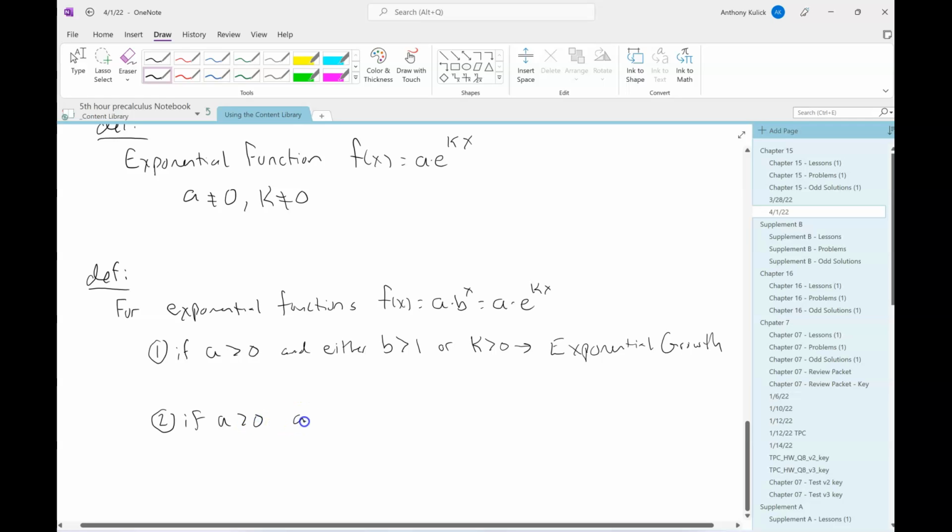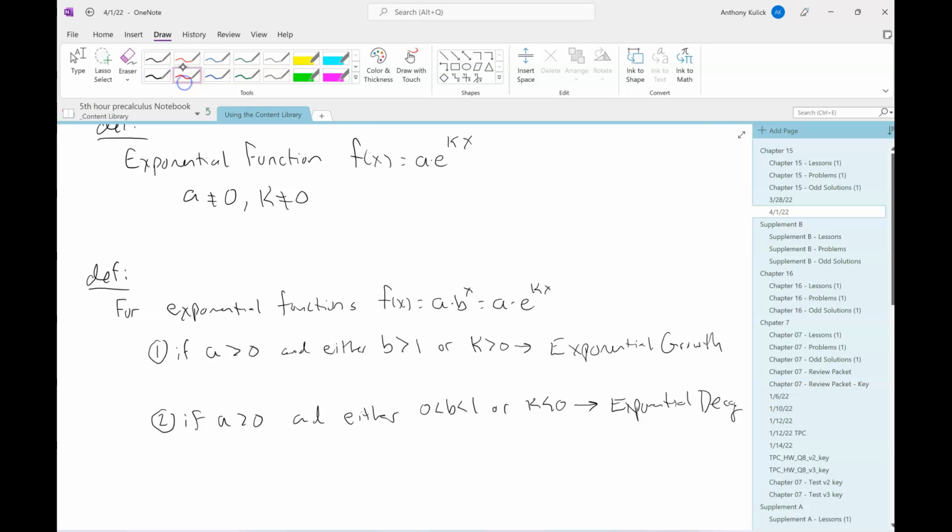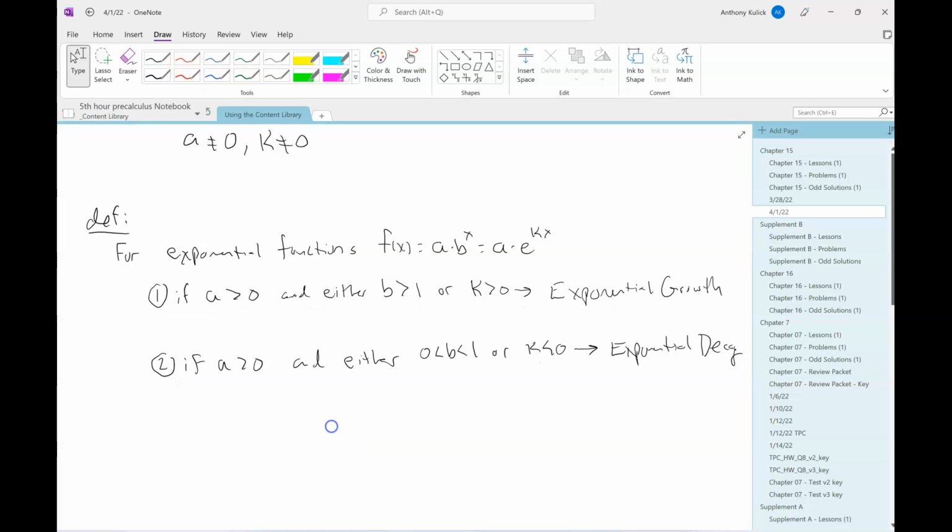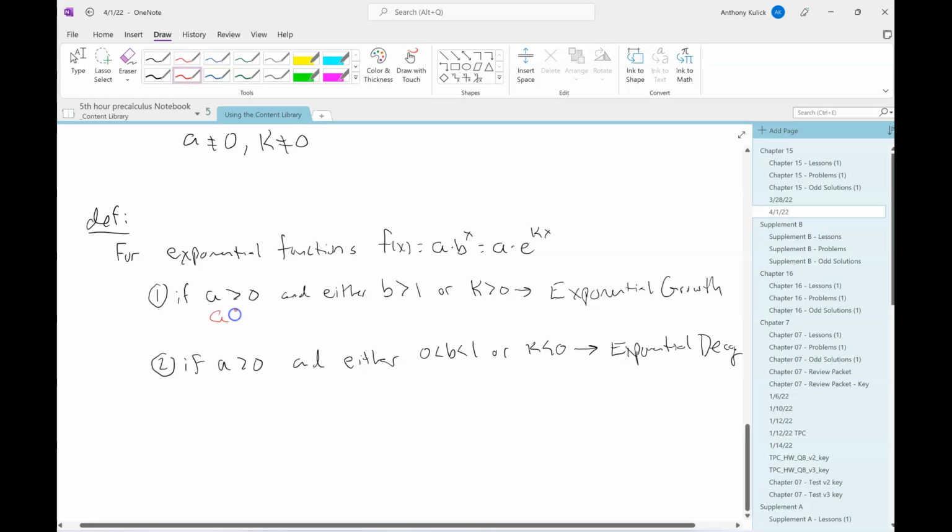And if the a value is positive, and either that b value is between 0 and 1, or the k value is negative, we call that exponential decay. And then if the a value is negative, in the first case, that would make it a decay. And if the a value is negative in the second case, that would make it growth.